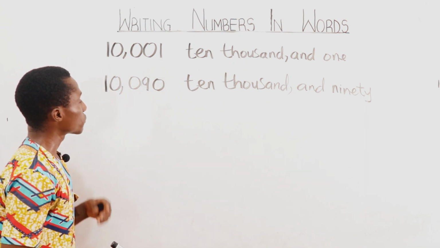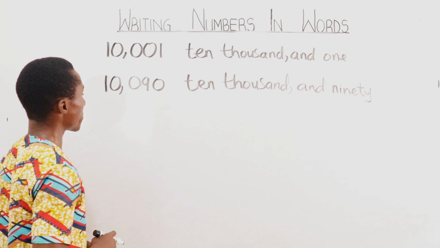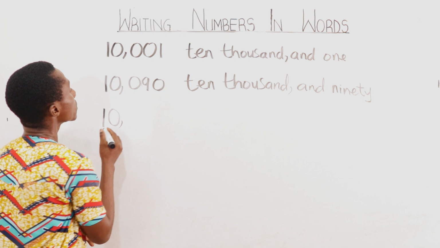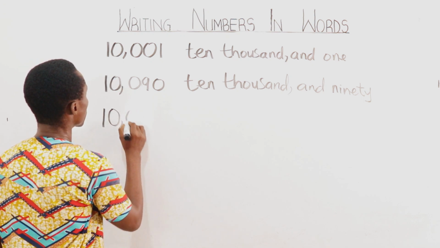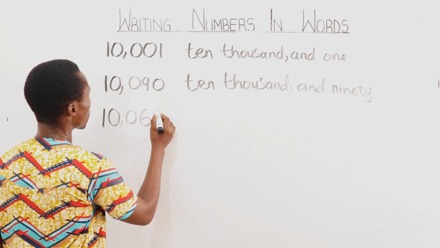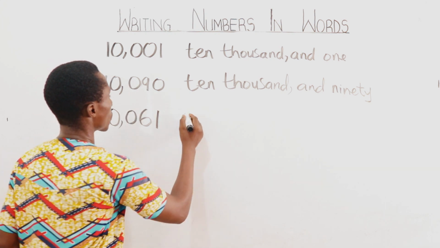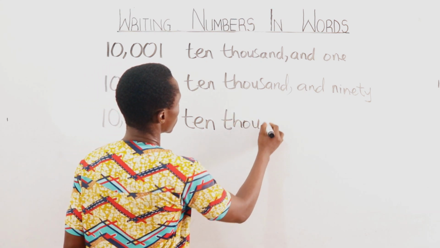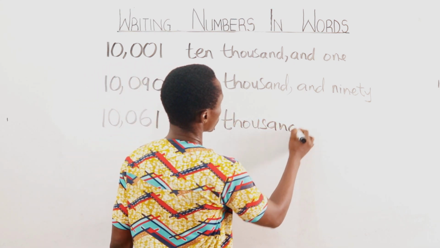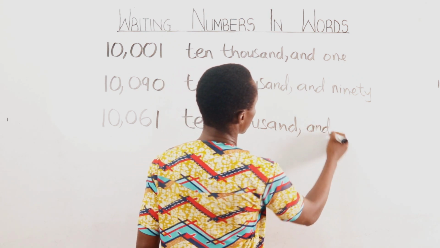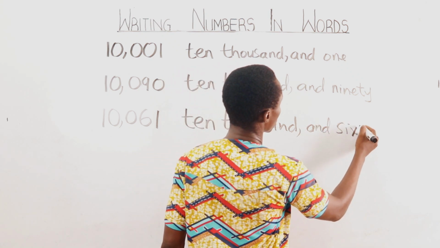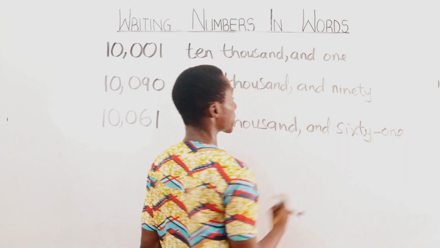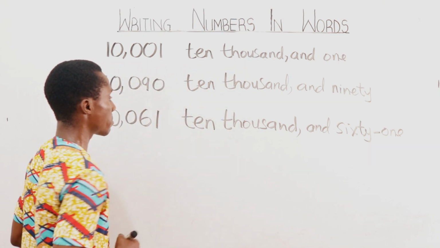Now let's add a few compound numbers. So let's go to 10,000, let's say 61. So we have 10,000 and 61. 61 is a compound number.